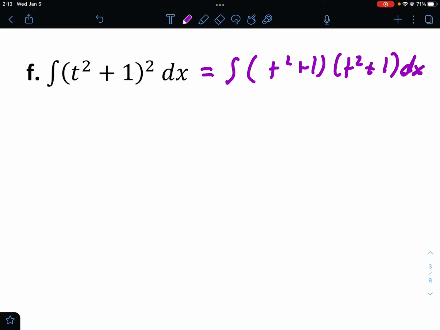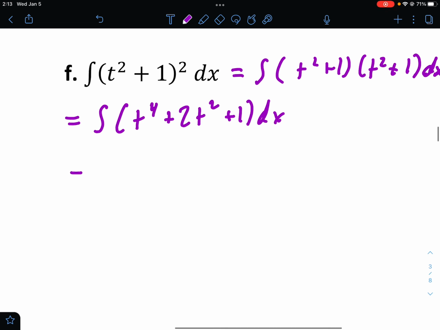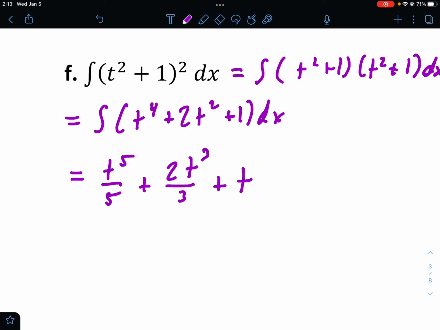But now we can FOIL or distribute to get t to the 4th plus 2t squared plus 1. And now we can use our power rule. t to the 5th over 5 plus 2t to the 3rd over 3 plus 1t plus c.